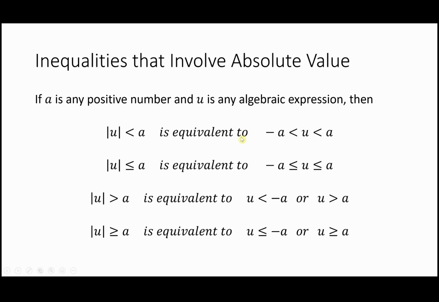These are basically the rules that you want to follow in order to solve various different styles of absolute value inequalities. In each case, you're only going to move forward with the evaluation of an absolute value inequality if the absolute value is either less than or equal to, or greater than or equal to, a positive number.